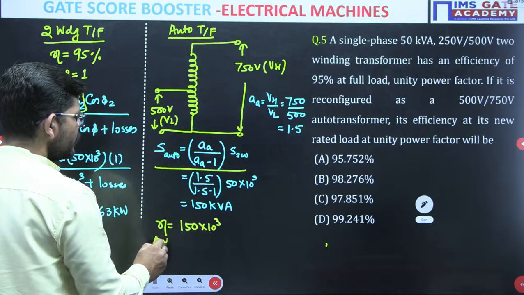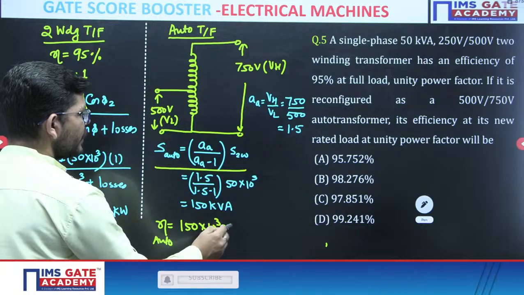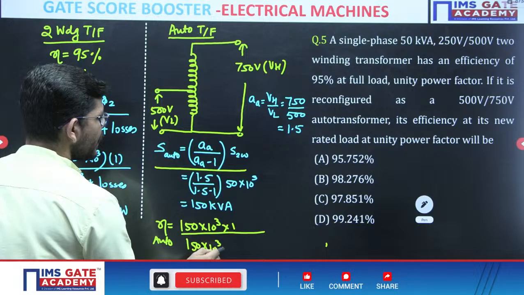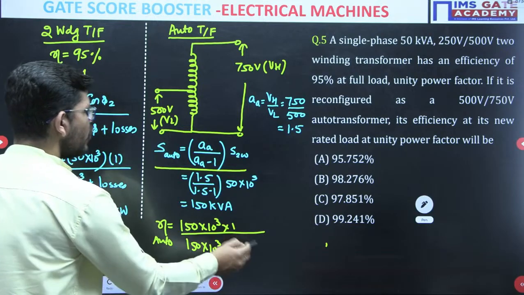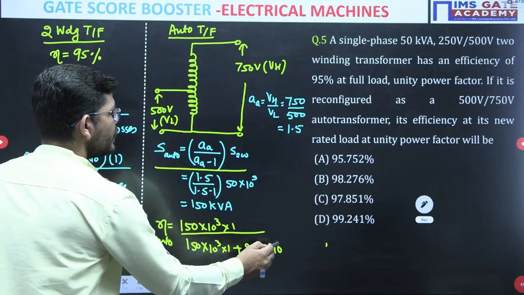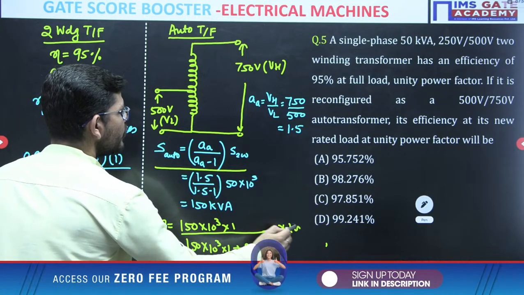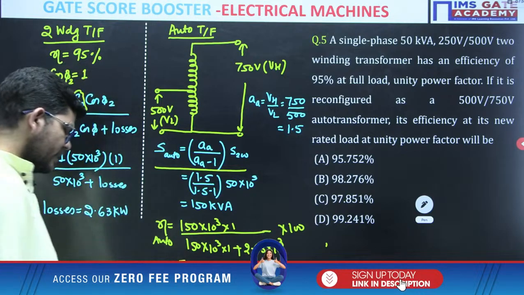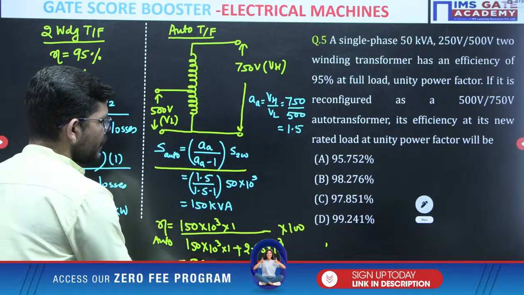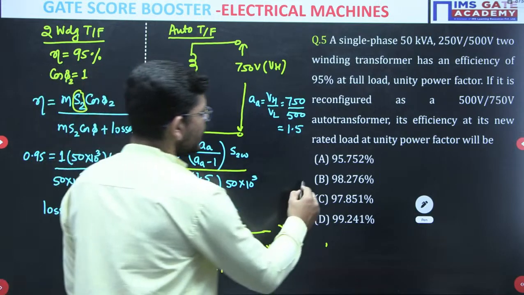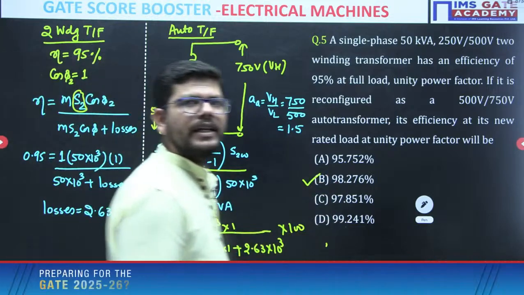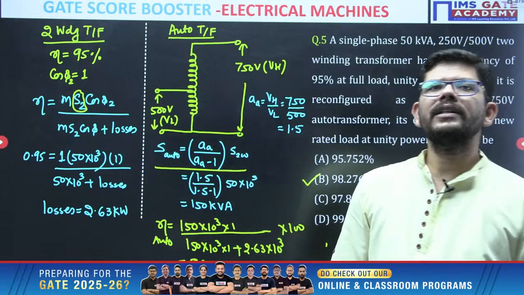The efficiency of the auto transformer, with power factor 1, the same data we repeat in the denominator, plus the losses, which is 2.63 kilowatt, into 100. When you do that, the efficiency you get is 98.27%. Meda is getting 98.27, exactly the same answer.